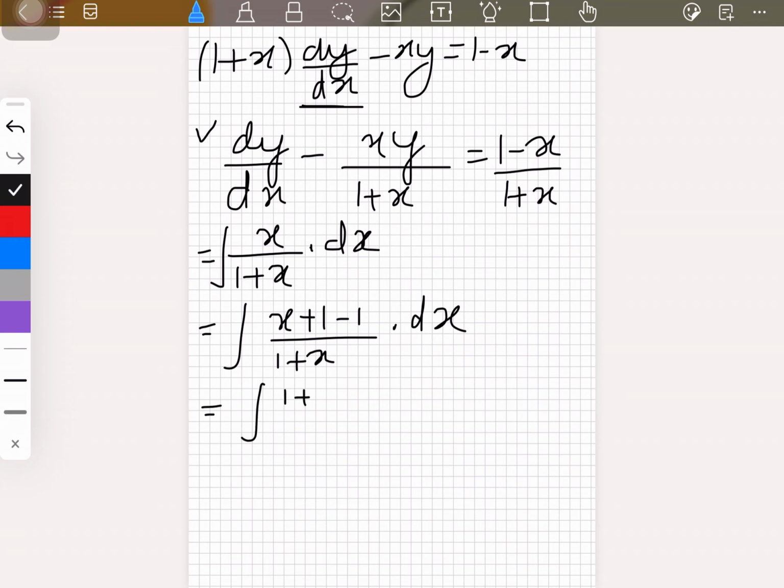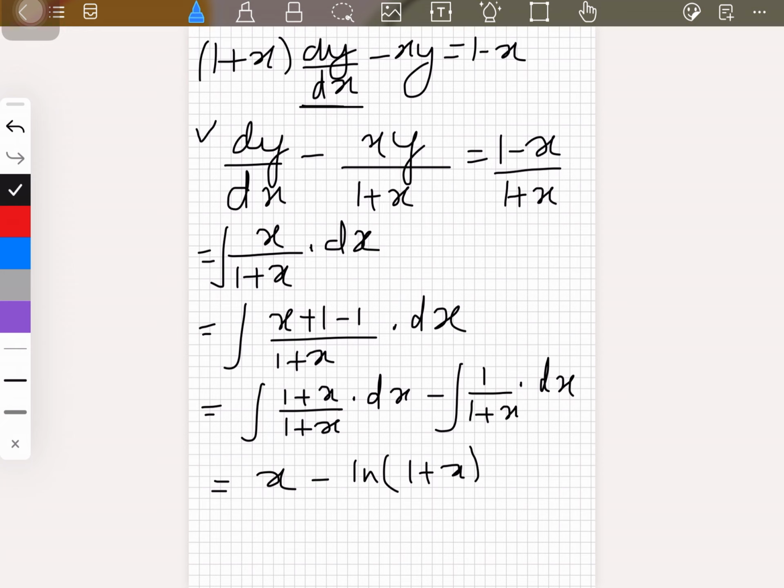So 1 plus x over 1 plus x dx minus 1 over 1 plus x dx. So they cancel each other out. The integration of 1 is of course x minus ln of 1 plus x plus c. But since we're going to keep it in the power, we don't have to mention the c over here. We mention it at the end.